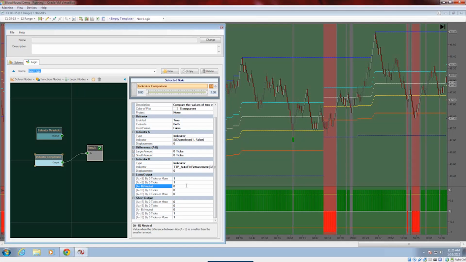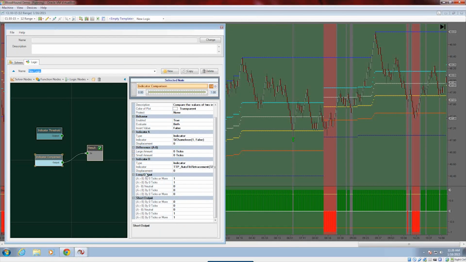You need to really focus in on one solver at a time, start with the comparison solver, and really learn it backwards and forwards. Understanding the difference between A and B and the long output and the short is really going to give you a good initial head start to learning how to use BloodHound.